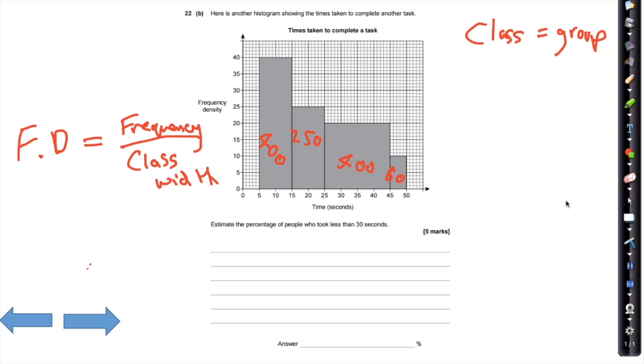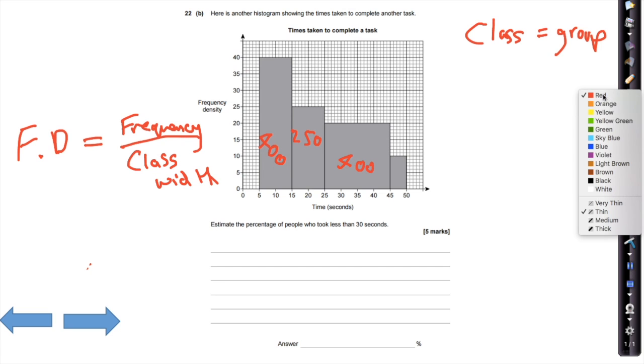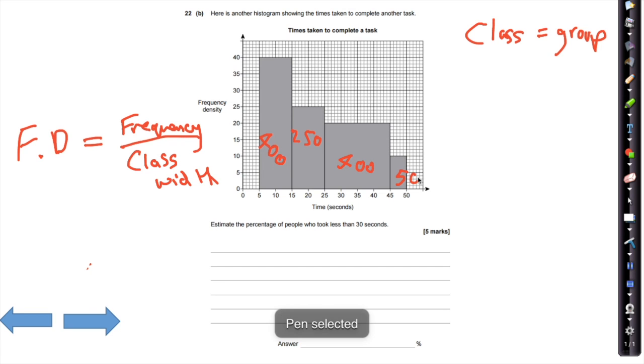Okay, so if we want to work out, or estimate, the number of people who took less than 30 seconds, what we could do is say, well, if this is 400, then they are likely to be split evenly into these 4 intervals.